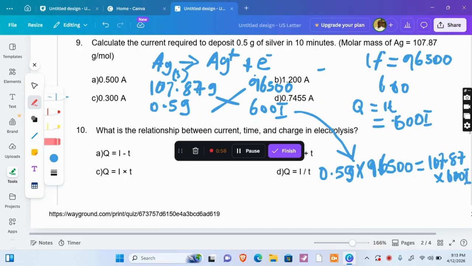Can you see that? So we are going to multiply them to get our values. 0.5 times 96,500 is 48,250. So we have 48,250 on this side.